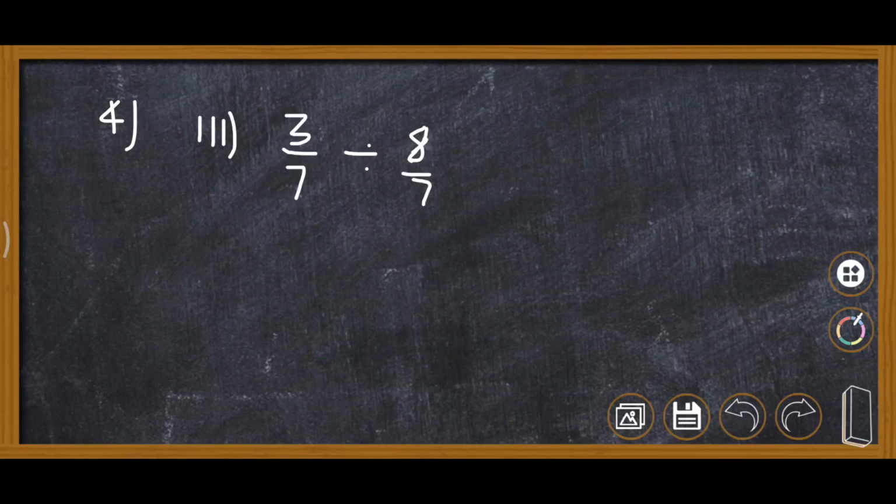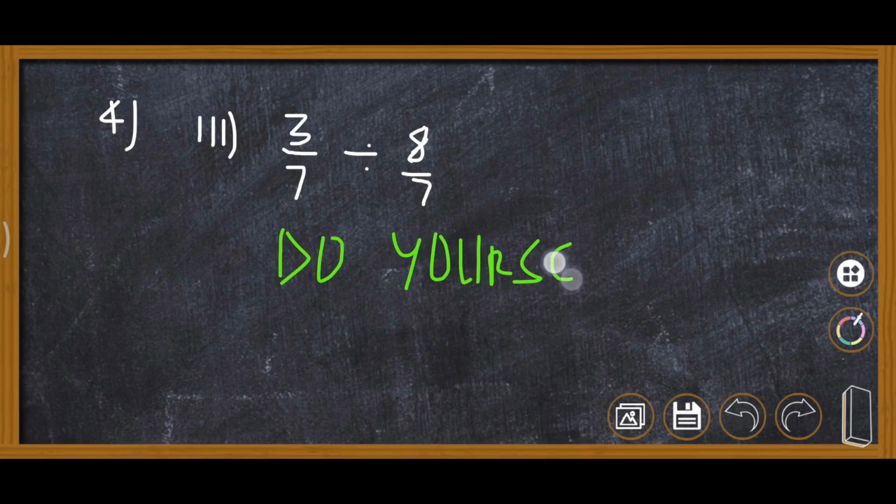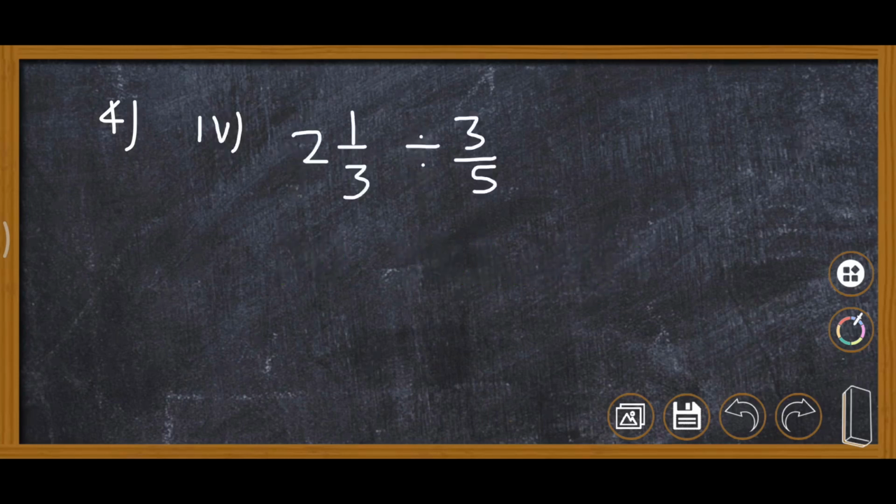This is third part, 3 upon 7 divided by 8 upon 7. Do it yourself. Now you are able to do this. Now this is fourth part of question number 4, 2 whole 1 upon 3 divided by 3 upon 5.